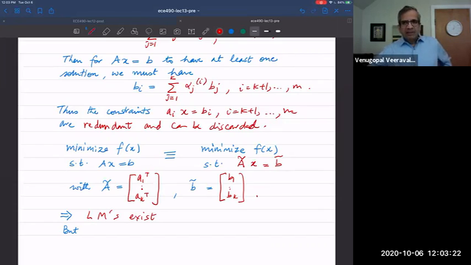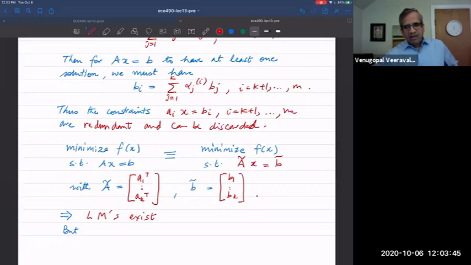So this is a special case where even though in the original problem we don't have regular x, we can convert it to a problem for which we have regular x and for which Lagrange multipliers exist.